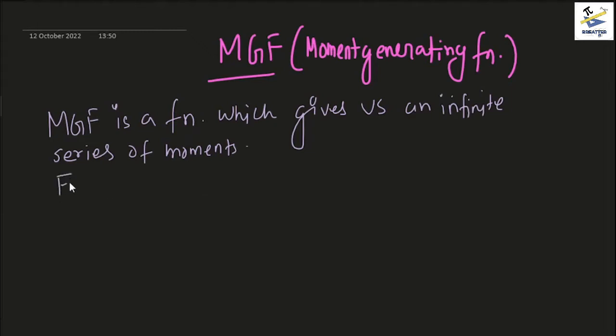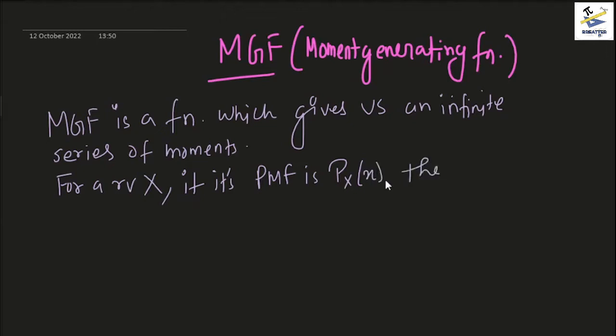So for a random variable X, if its PMF is probability of x, so let's say this is the PMF, the probability mass function, then the MGF is defined as M_X(t) equals summation, take a small y, over the whole sample space.